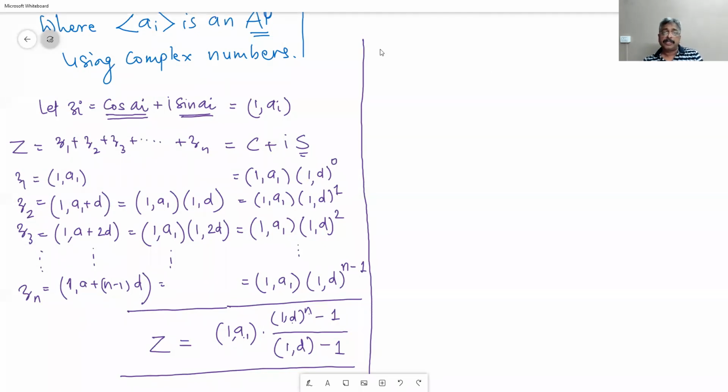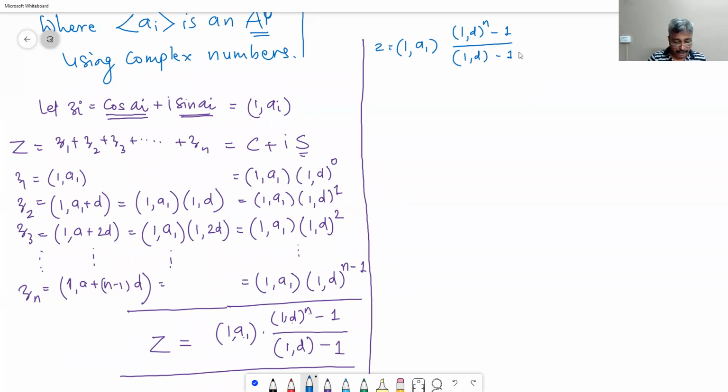Z is equal to (1, a1) into (1, d) raised to n minus 1 upon (1, d) minus 1. Okay?